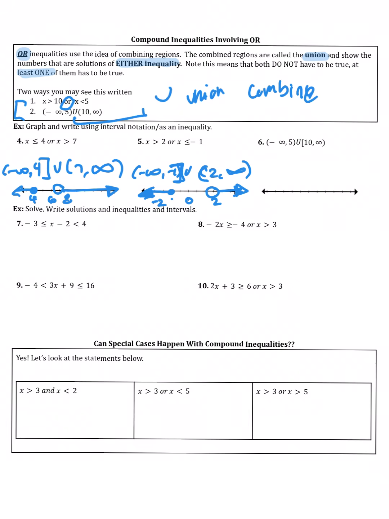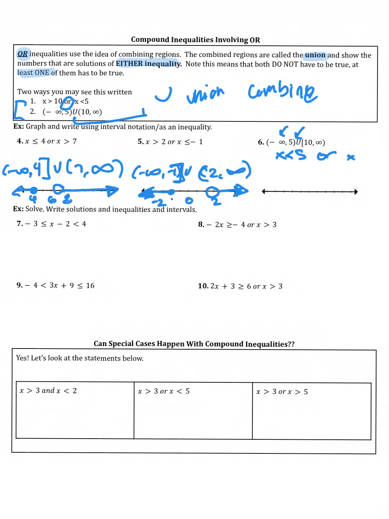Let's rewrite number 6 as an inequality, and then I'm going to have you pause the video and try and graph it on your own. So negative infinity means we're going down forever. So x is less than, and the key number there is 5, and this is parentheses, so no line underneath. Or, and I need to physically write the word or so that it's clear that that's the type of compound inequality we're talking about.